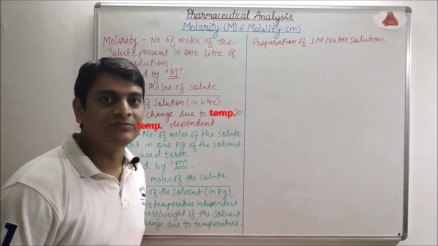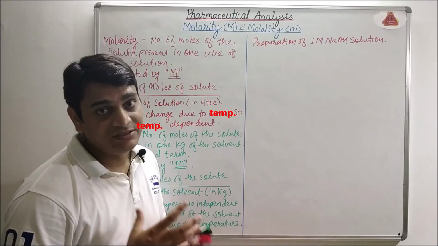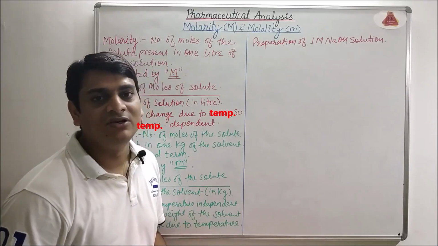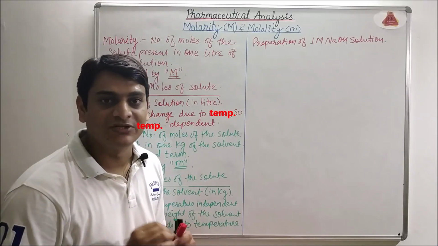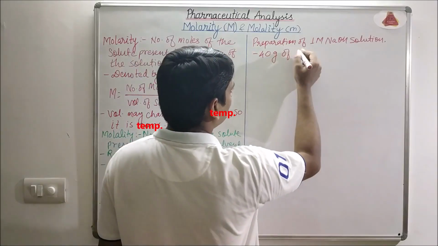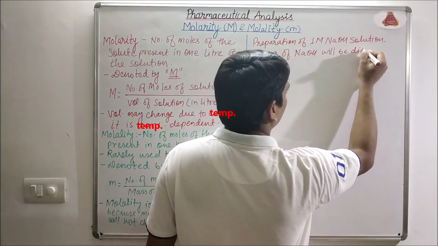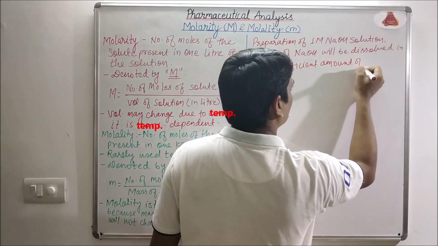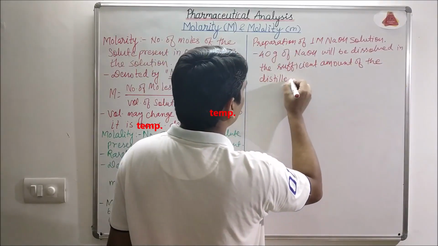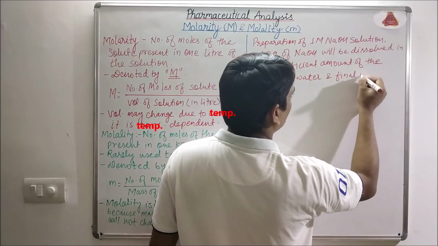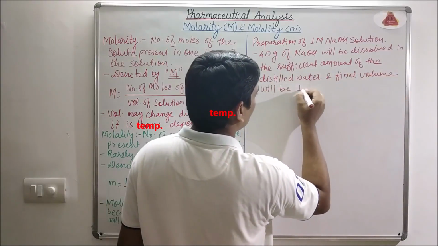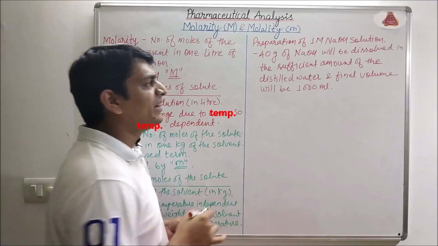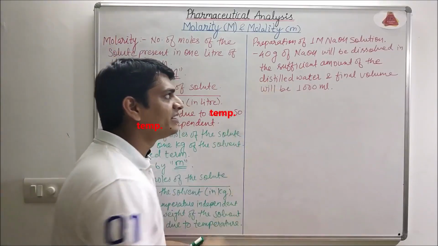Then that 40 gram of NaOH will be dissolved in distilled water and the final volume of that solution should be 1000 ml. So this prepared solution will be 1 molar NaOH solution.